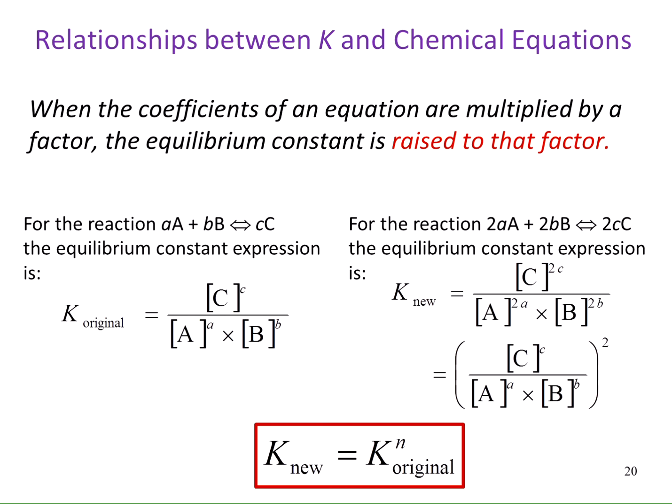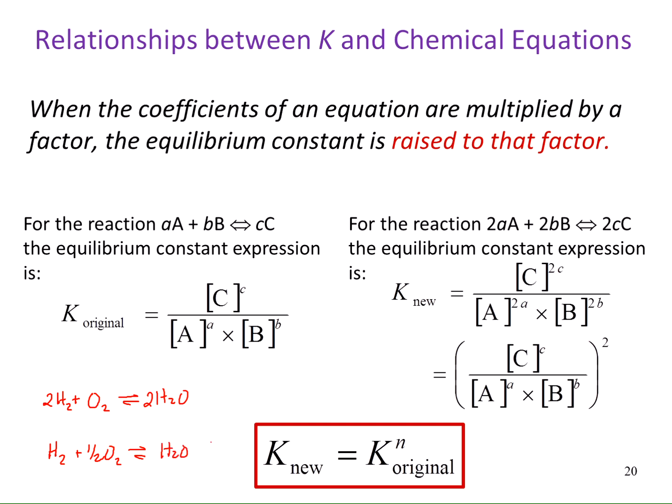So an example where this may be useful: let's say you wrote and balanced your chemical equation for hydrogen reacting with oxygen gas. So 2 equivalents of H2 with 1 equivalent of O2 goes to make water. But let's say when you look up the chemical equilibrium in a textbook, you're trying to find the K value, the author wrote the chemical equilibrium as H2 plus 1/2 O2 goes to make water.